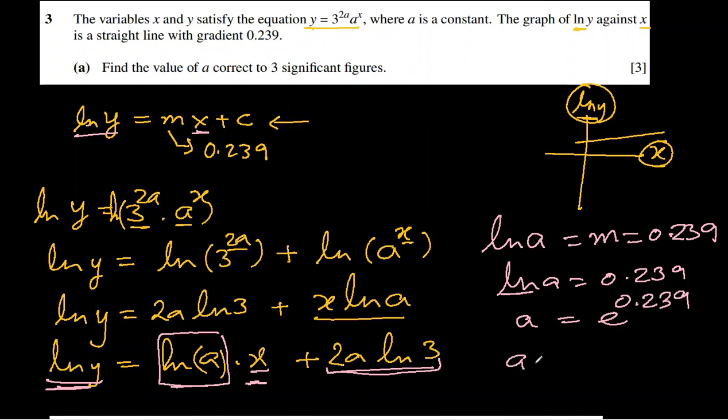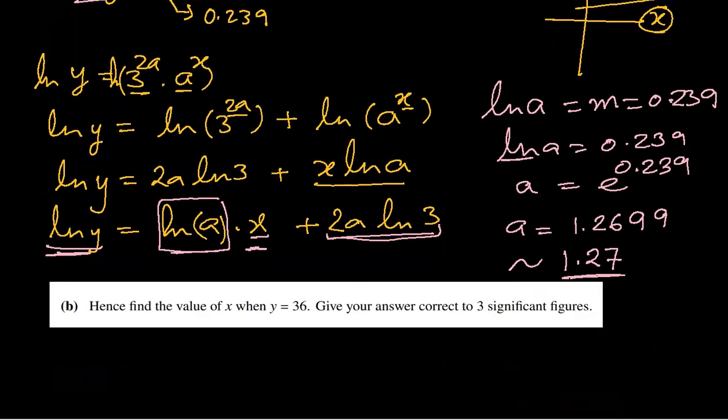They asked us what is the value of a. The value of a is e to the power 0.239, which comes out to be 1.2699, rounded off to 3 significant figures, 1.27. Let's see, this has one more part, b.